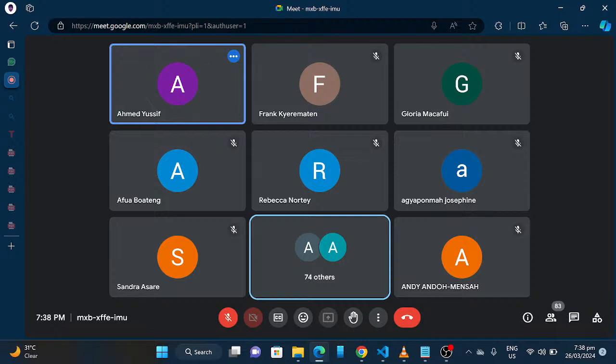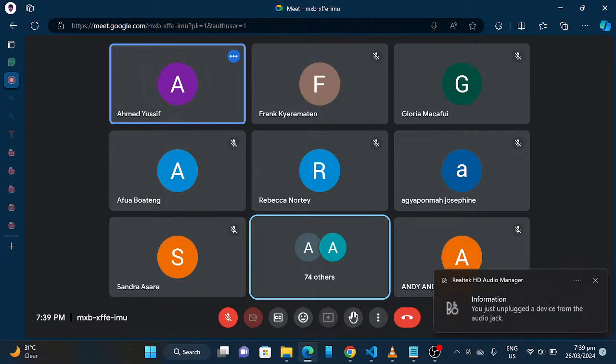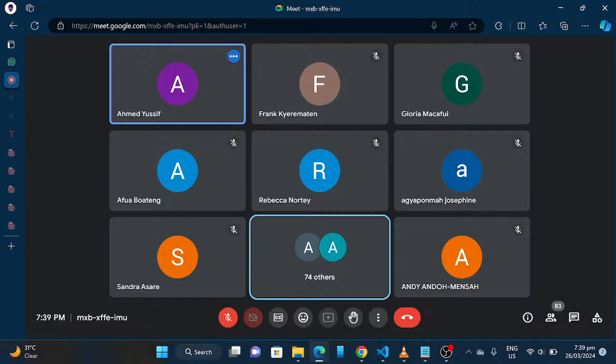Okay, so let's talk about the heparins. For the heparins, we have low molecular weight heparins and we have the unfractionated heparin. The very common low molecular weight heparins are enoxaparin, dalteparin, and tinzaparin.